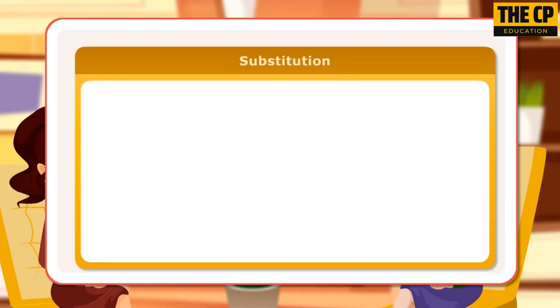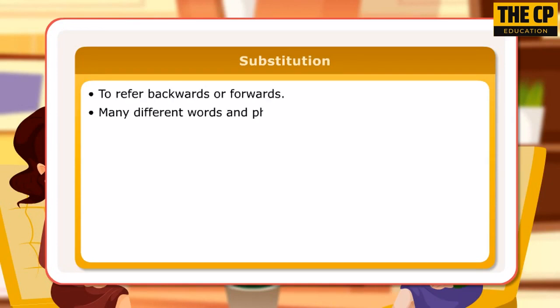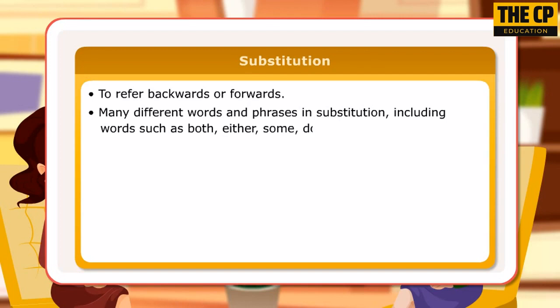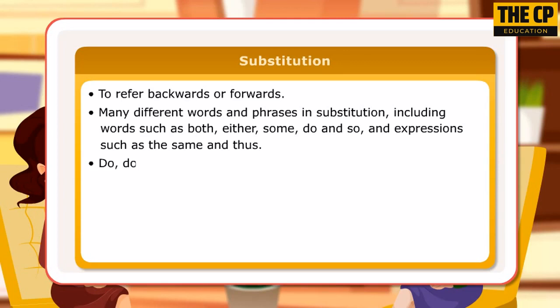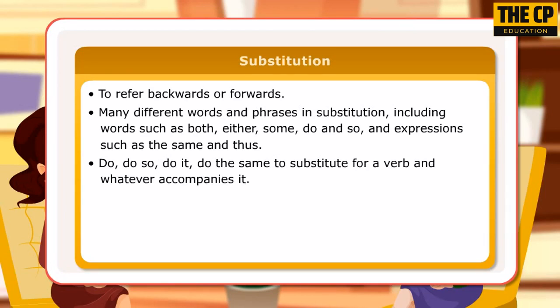Substitution. We can use it to refer backwards or forwards. Many different words and phrases are used in substitution, including words such as both, either, some, do and so, and expressions such as the same and thus. Do, do so, do it, do the same substitute for a verb and whatever accompanies it.